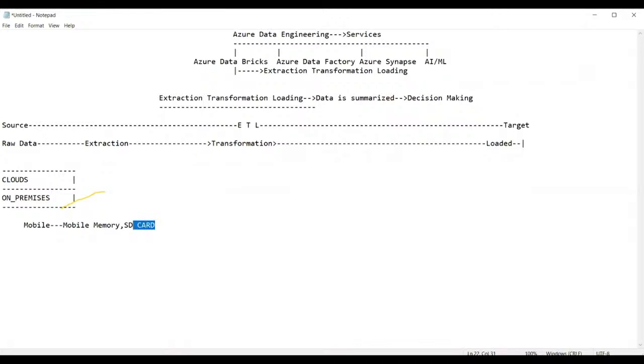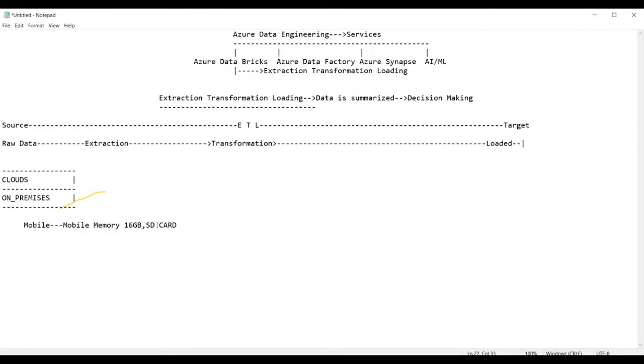What do you mean by SD card memory, guys? SD card memory is nothing but SanDisk card memory. Suppose every mobile you get comes with 16 GB internal storage memory. That means this 16 GB is the default memory. That means in your mobile phone, you can store up to 16 GB.